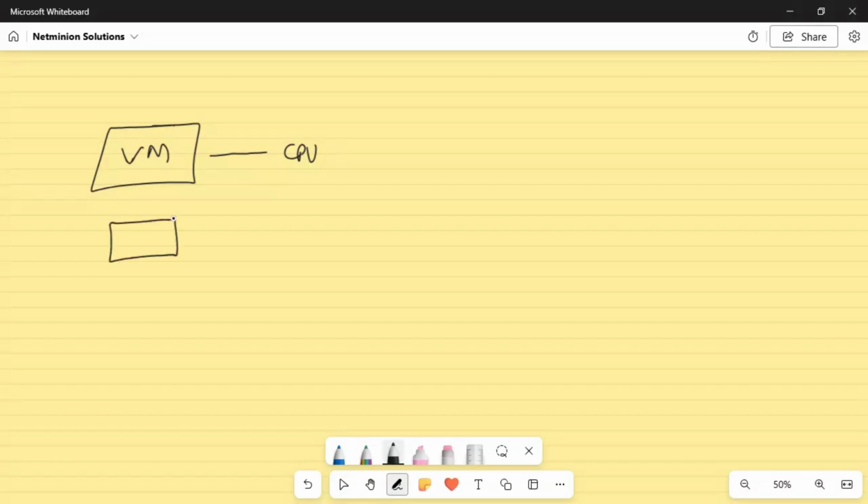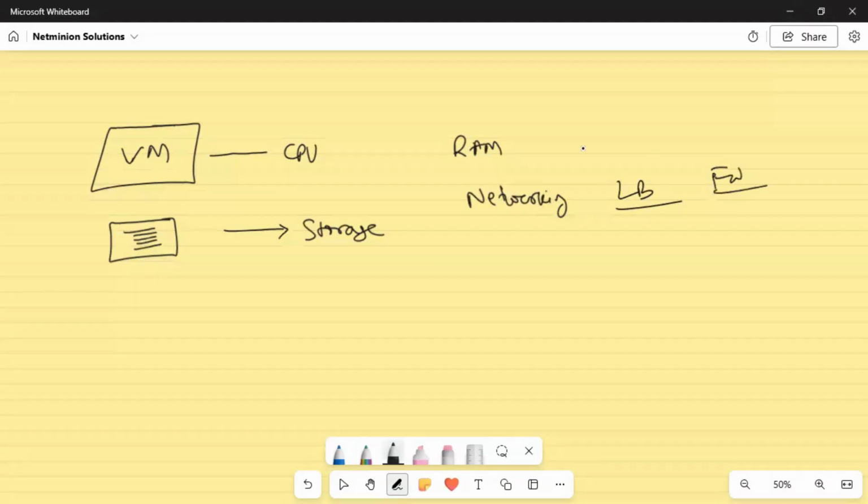There is something named as Azure App Service where you can host an app very efficiently. So on the cloud, storage is not an issue, CPU is not an issue, RAM is not an issue, networking is already there. You need not put your routers or load balancers or firewall services. Okay, nothing. Everything is there. For sure you need to pay, but it is there and ready to use.